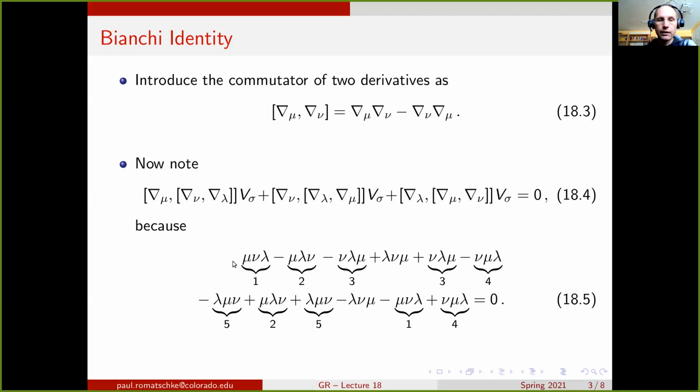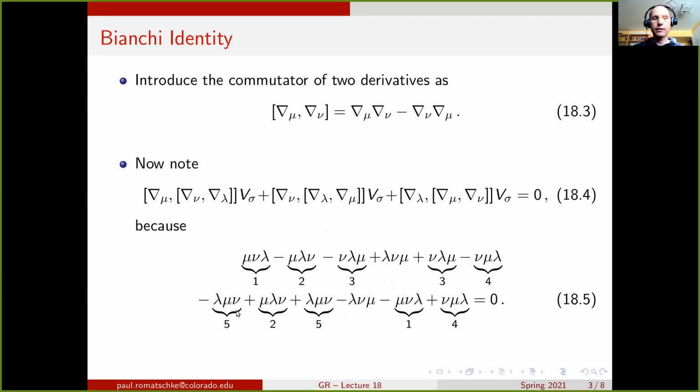In particular, look at this term here, which I note as structure number 1. Then you look at all of the terms to see if there is a similar structure. Indeed, we find one there. Here also we have mu, nu, lambda, and it comes in with a minus sign, whereas this one comes in with a plus sign. So these two terms just cancel each other explicitly. Next, look at this term here, which is mu, lambda, nu.